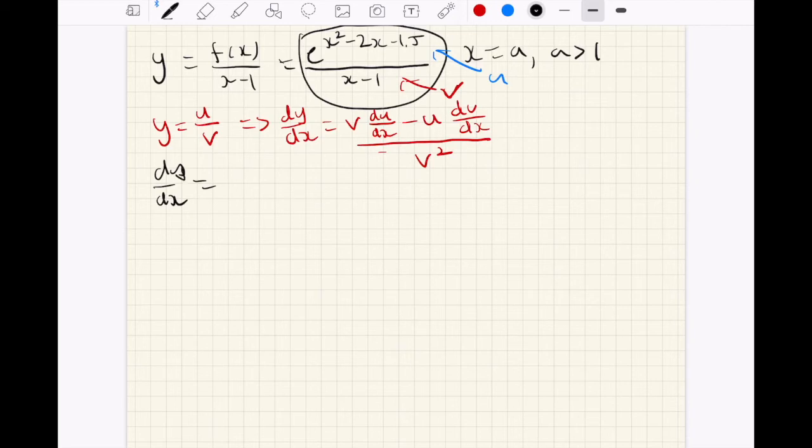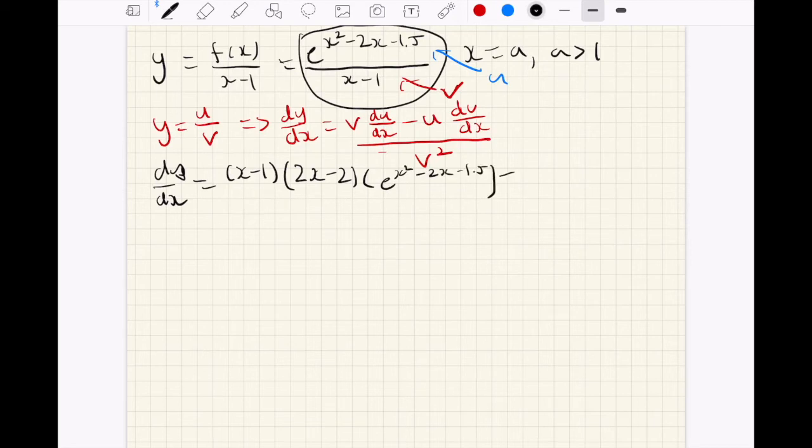So v is x minus 1, so we just write x minus 1. We multiply that by du over dx, which means the derivative of the numerator. We did this in the previous question, which is 2x minus 2 times e to the power of x squared minus 2x minus 1.5.